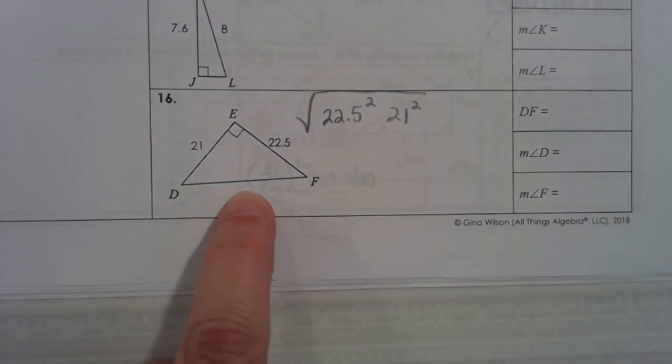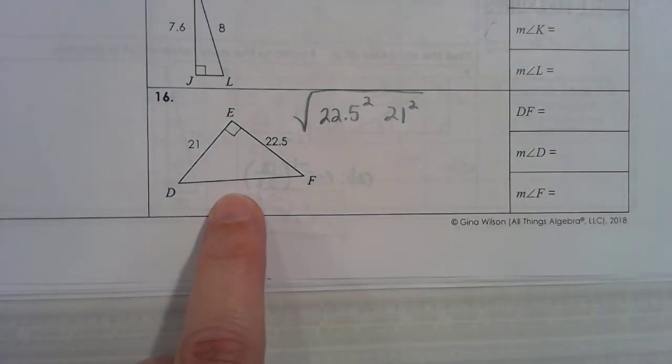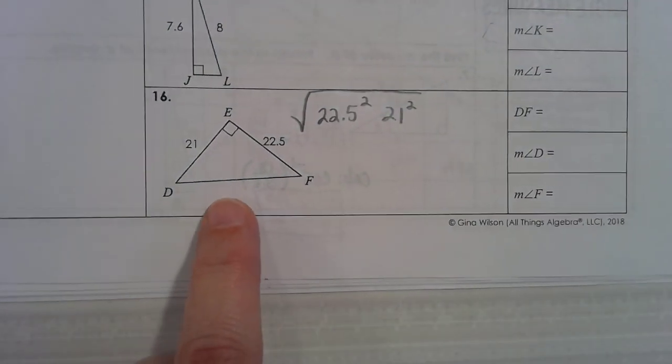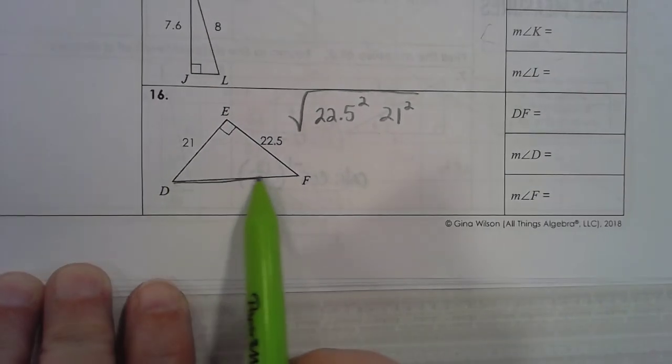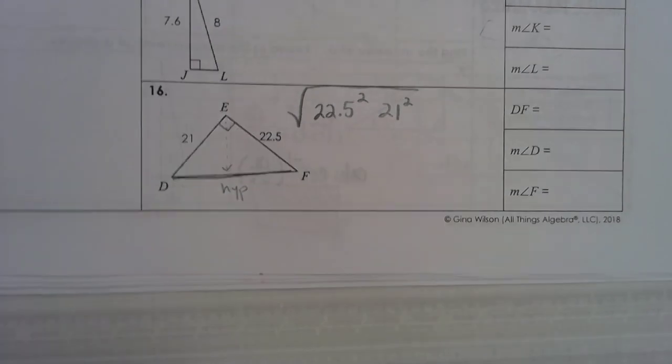Do we want that side that we're finding to be bigger or smaller? Smaller than what? 22.5. This one's the right angle. This is our hypotenuse. This has to be the biggest one.